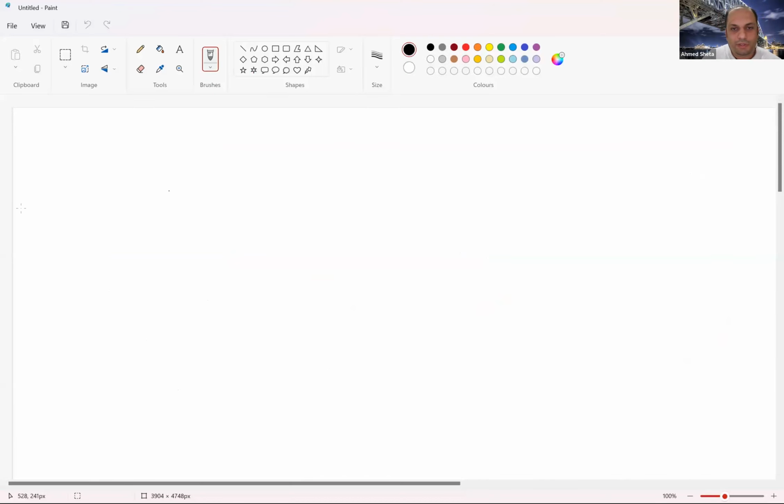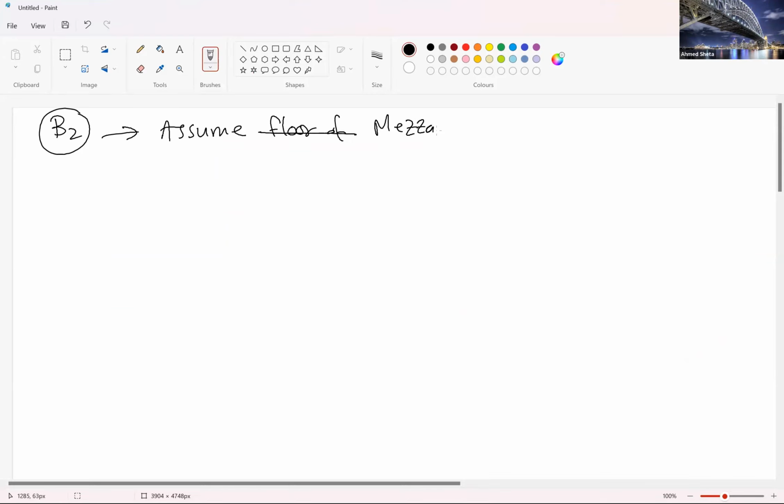Can you see it? Yeah. So, for example, for B2, you need to assume this. You will write something like this: assume mezzanine floor.